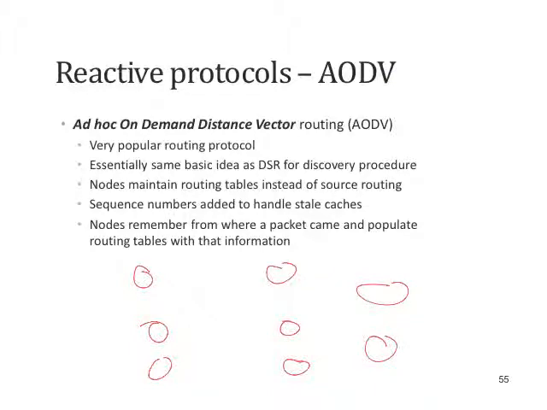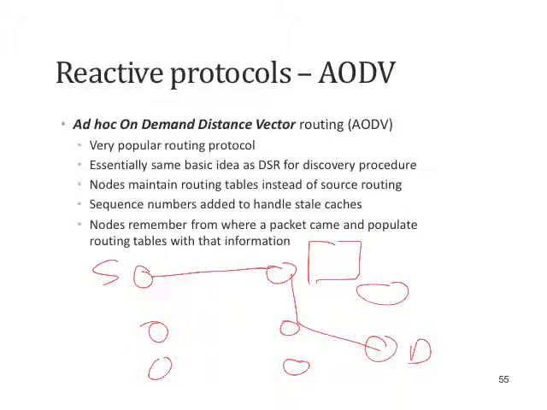So initially you work similar to DSR. You send flooding packets, this is the destination, this is the source, and you have learned through the flooding that the best route is this. Okay? So in that case, start updating, establish a cache or a partial routing table in these nodes, unlike DSR.